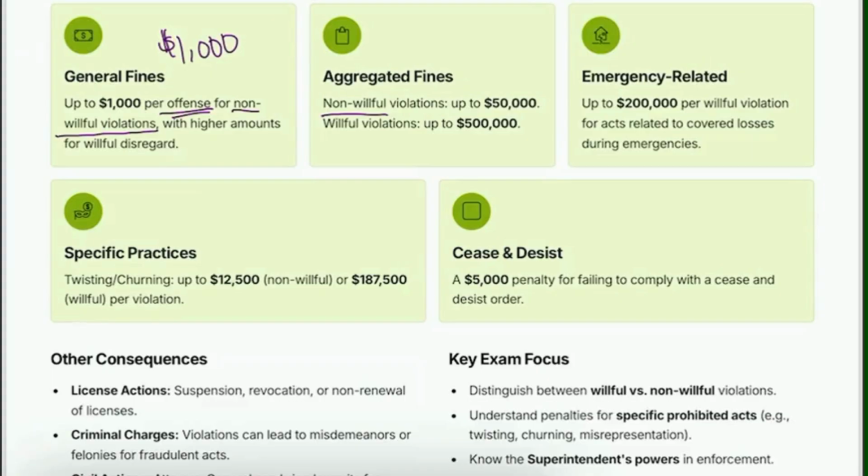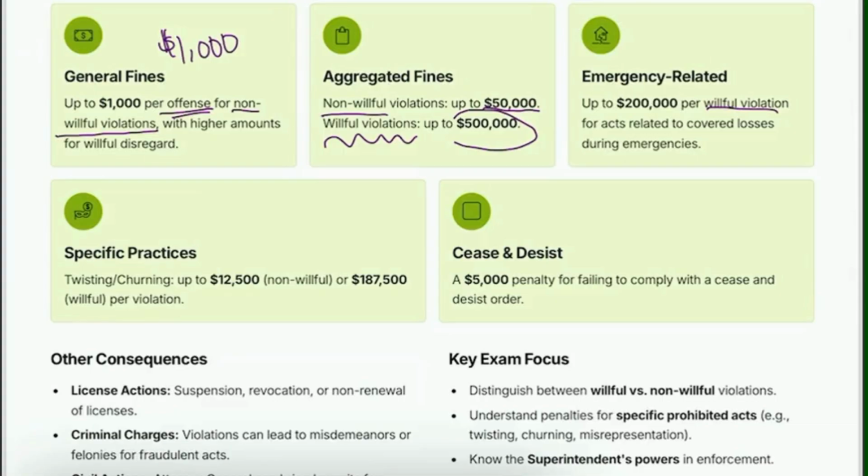Emergency related, up to $200,000 per willful violation for acts related to covered losses during emergencies. Like I said, New York does not play. These are very high fines and penalties. Don't do them. And then twisting and churning, we are going to explain those in a second.